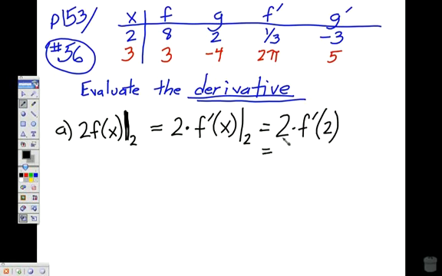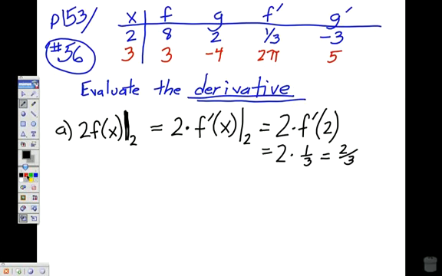That's going to be 2 times 1/3, which is 2/3. So if you had 16 for part A, I understand where you got that, no problem. But we got to pay attention to what the directions are saying. Find the derivative. The derivative means I'm not using this number. I'm using this one over here.